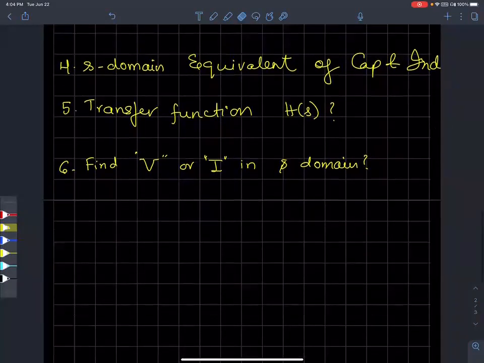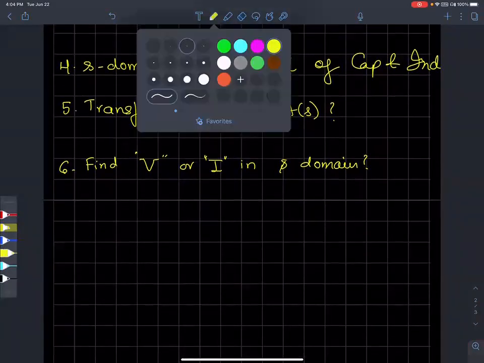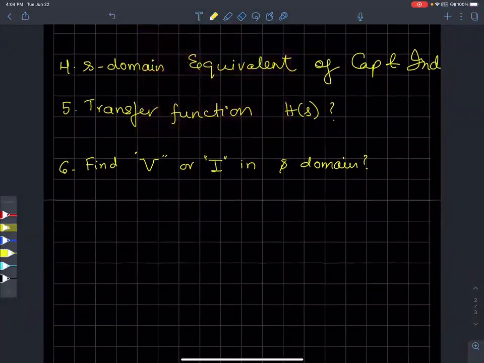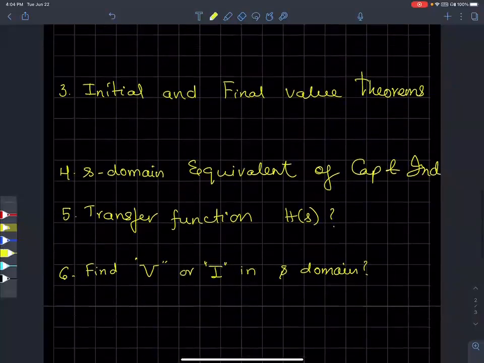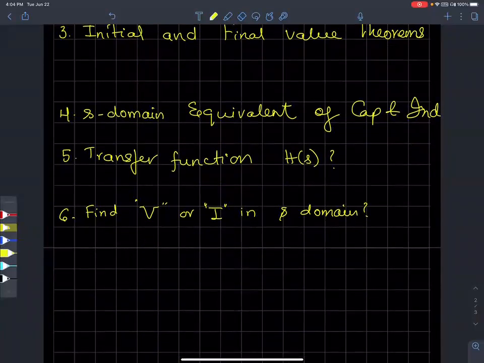Now, question number 4 is on material from chapter 13. Questions 1 to 3 are all chapter 12. Question number 4 is on chapter 13, which is the S domain equivalent of a capacitor and inductor.